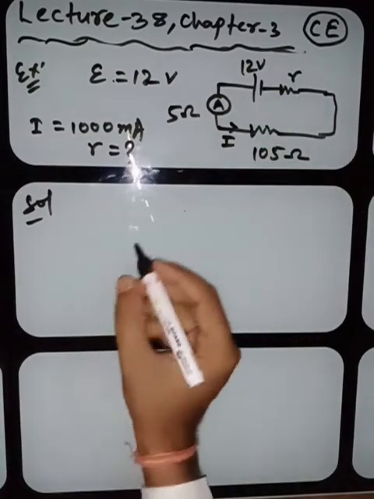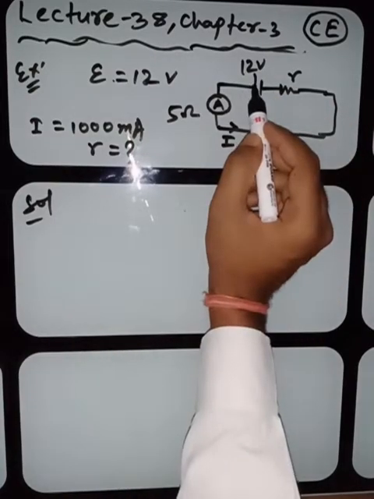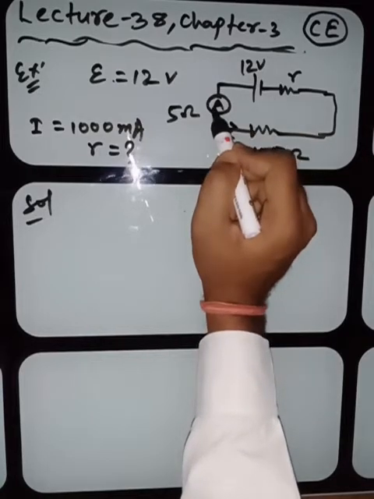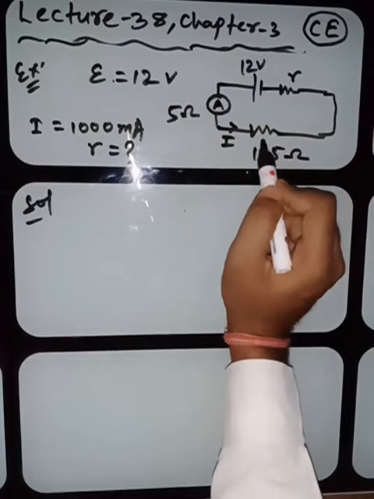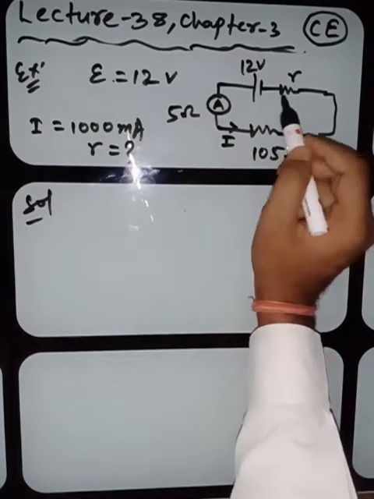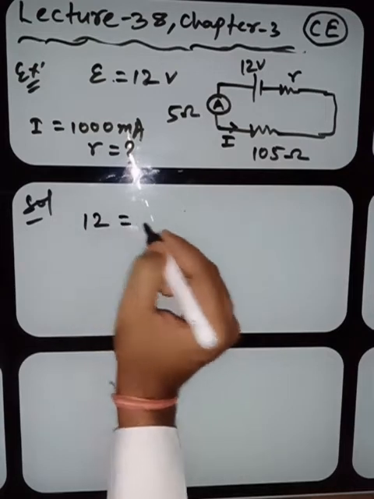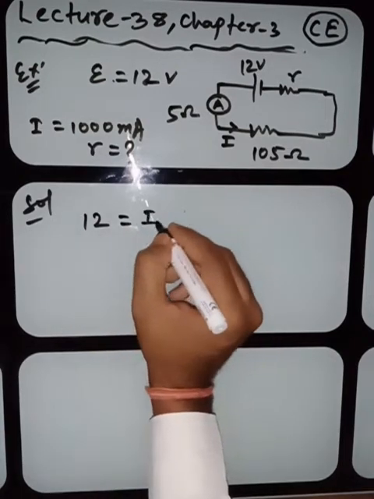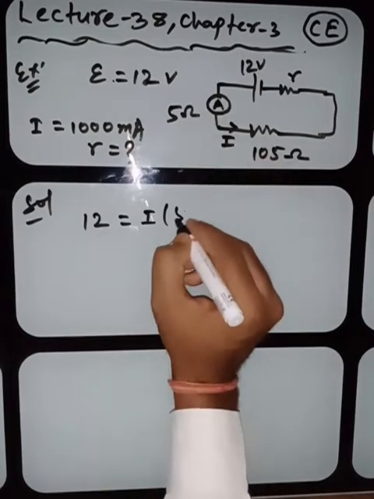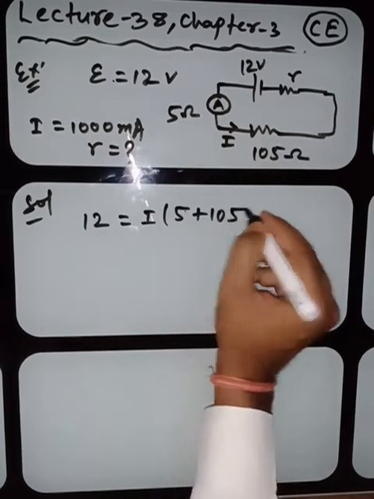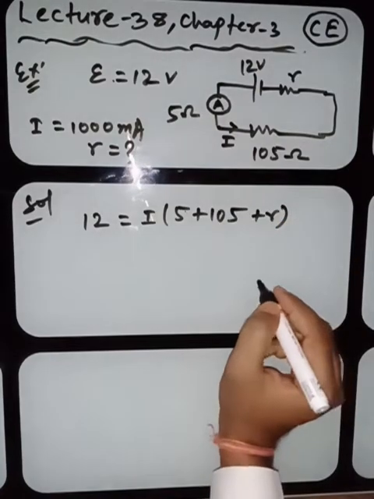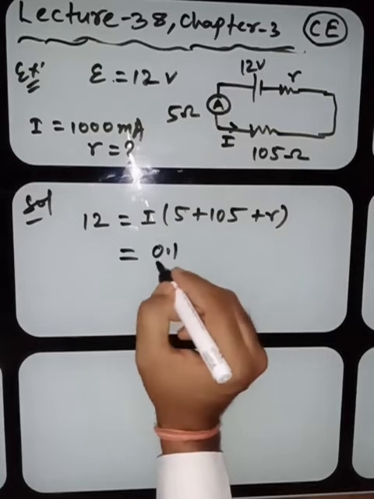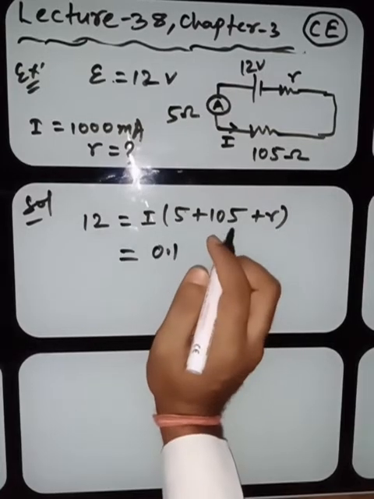You can write, my dear students, the voltage will drop across the ammeter, the load resistance and the internal resistance. So this 12 volt will be equal to, that is E is equal to I times R, I into (5 plus 105 plus r), and I is given. How much? It is 0.1, that is 1000 milliampere.